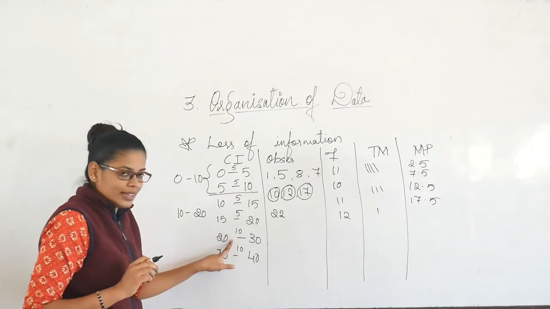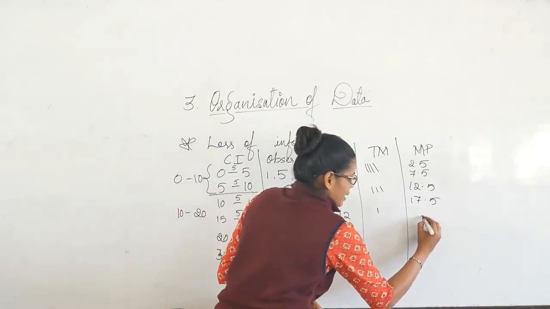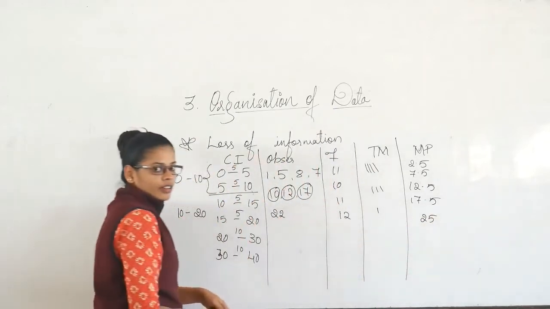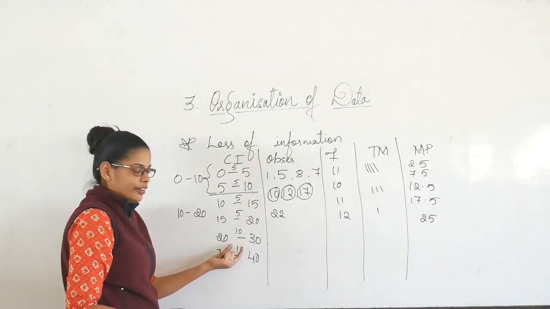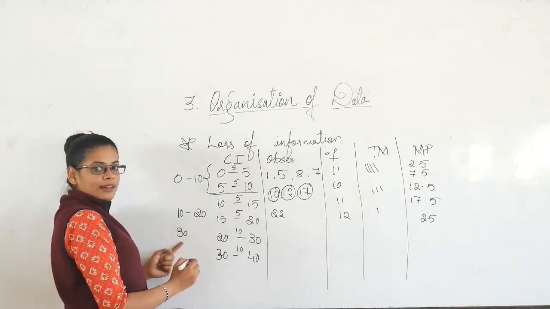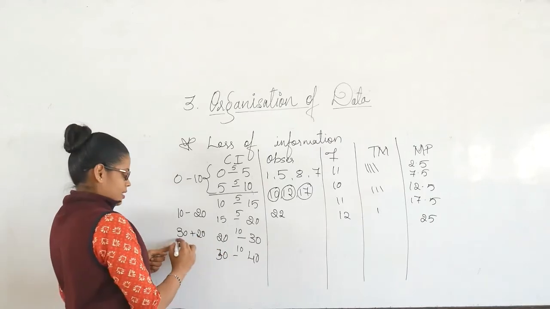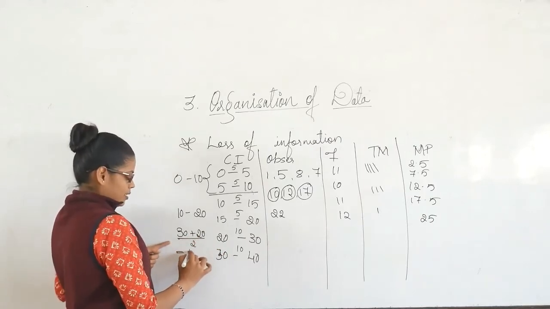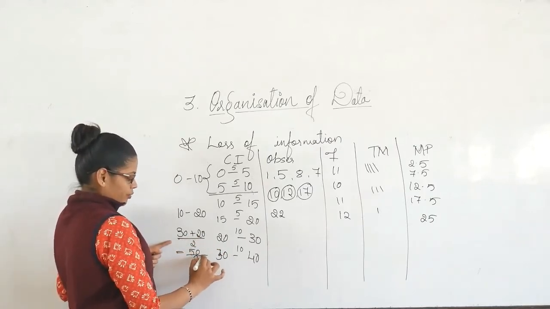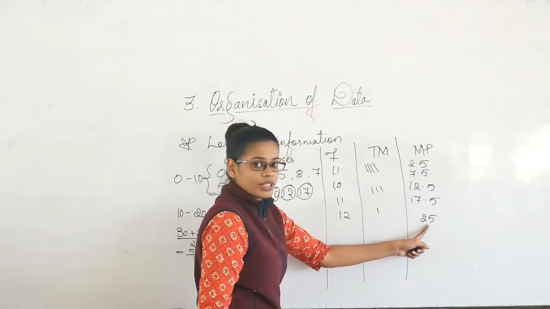So for this class interval, what will be the midpoint? It will be 25. How did we calculate 25? It is nothing but 30, which is the upper class limit, plus 20, the lower class limit, divided by 2. 50 divided by 2, we got 25. So this is the 25 which I have written here.